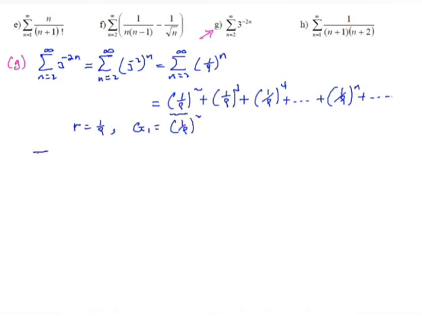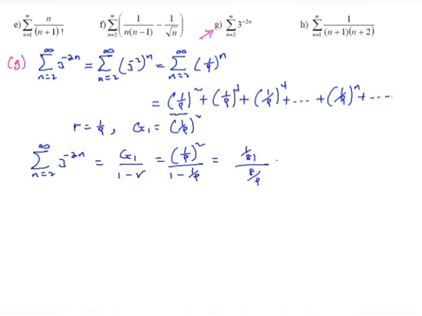So the formula for the sum of this infinite geometric series becomes g1 over 1 minus r, but g1 is 1/9 the whole square and r is 1/9, so here it is 1/81 over 8/9, which is the same as 1/81 times 9/8. So by 9, 1 by 9, 9, the result will be 1/72.